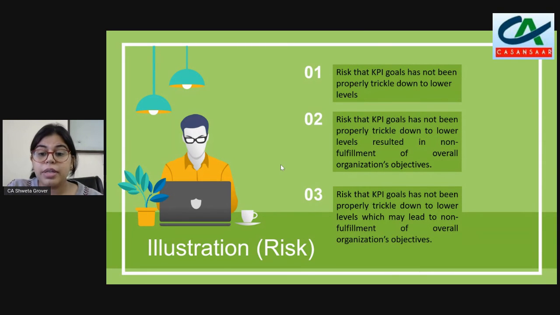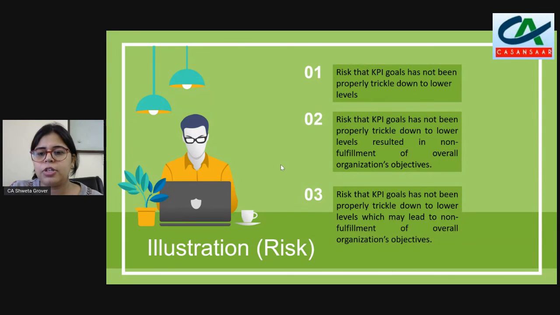Now, risk that KPI goal has not been properly trickled down to lower levels, which may lead to non-fulfillment of overall organization's objectives. एक छोटा सा language modification I have done in 2 and 3. When we are mentioning our risk, we are just giving them probability. What could go wrong? We are not giving what will go wrong, what has gone wrong. It has not gone wrong, it will go wrong.